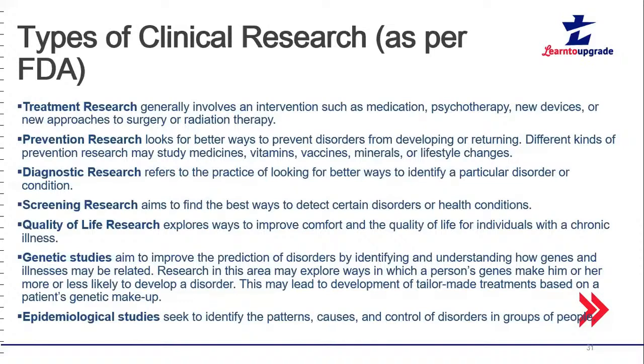Prevention is separate. Prevention is to prevent the disease. That is vaccines. Take vaccines, a very good example. When you are identifying this disease, Covishield, Covaxin, the clinical trials of these companies, we can name them. These are preventive types of clinical research, not treatment.